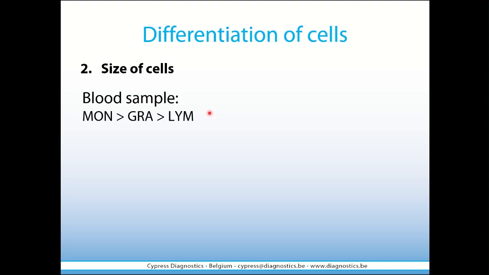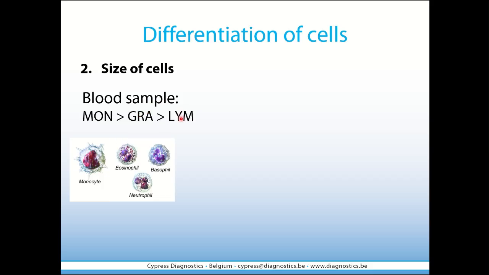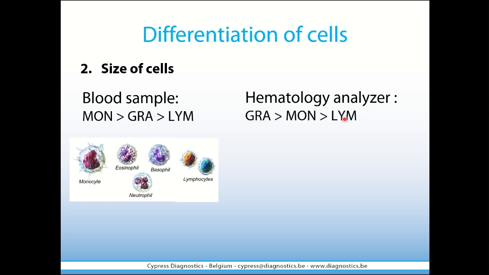When looking at the size of cells in a blood sample, we will see that the monocytes are bigger than the granulocytes, and these are bigger than the lymphocytes. Is this the same in hematology analyzers? No, surprisingly not. How is this possible?